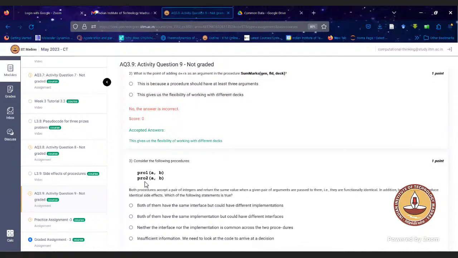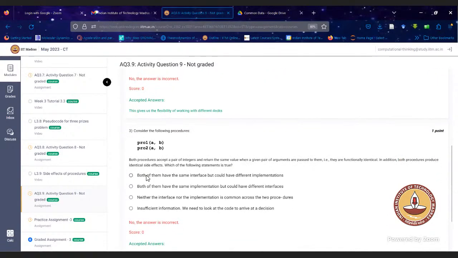So when it says implementation, it means that it is taking the same arguments and returning the same values, but the way it is doing it is entirely different. So when they say they are functionally identical, it doesn't mean that they are coming at it the same way. They may be coming at it through different ways.